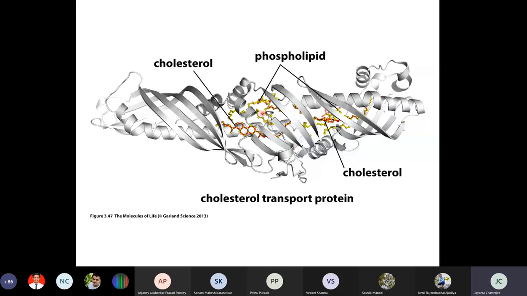Along with the cholesterol, there are also certain phospholipids, and the cholesterol transport protein again jackets both the cholesterol molecules along with a couple of phospholipids and can shuttle them, because the outside of the protein is pretty polar. So this protein can transport these molecules from the membrane to specific organelles and compartments.